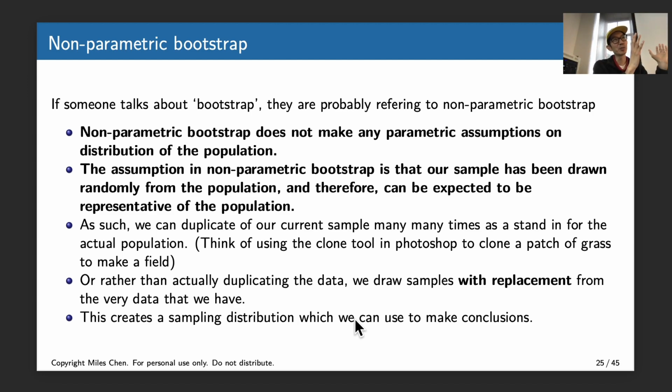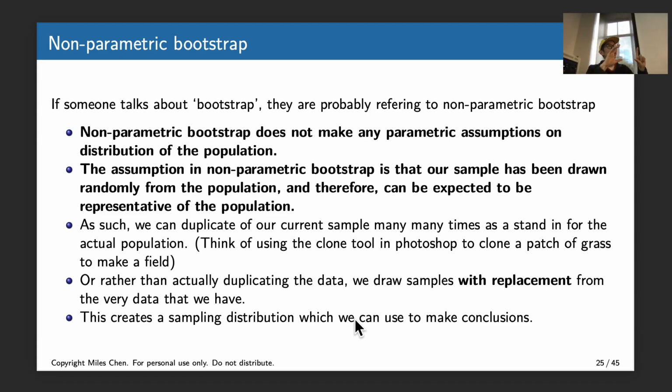If it is reasonable to say my sample is representative of the population, then to simulate the entire population, what I can do is clone my current representative sample a whole bunch of times, and that can act as a stand-in for the entire population, okay? I don't know if that feels okay.